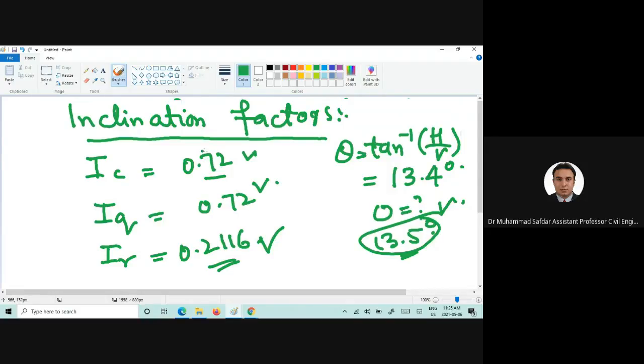So please kindly note down these values, because now we are going to find out the ultimate bearing capacity using the Meyerhof bearing capacity equation.